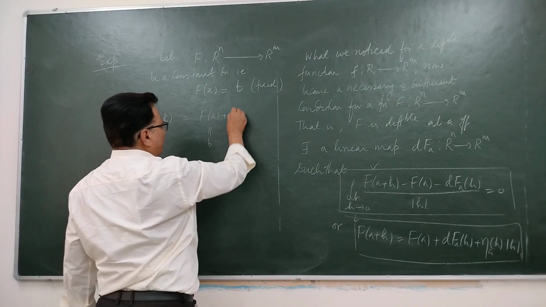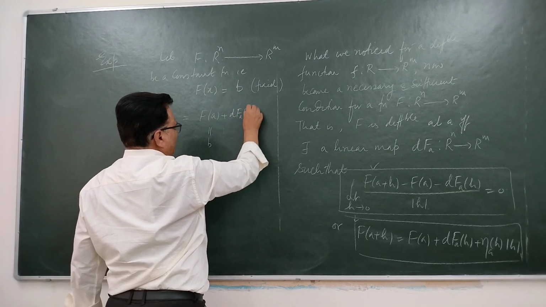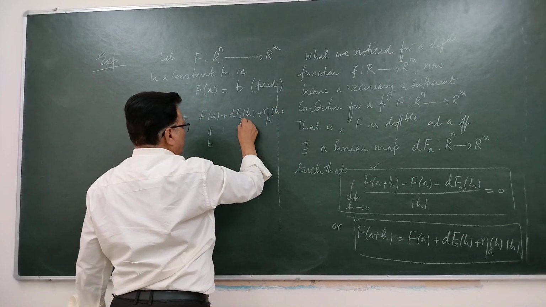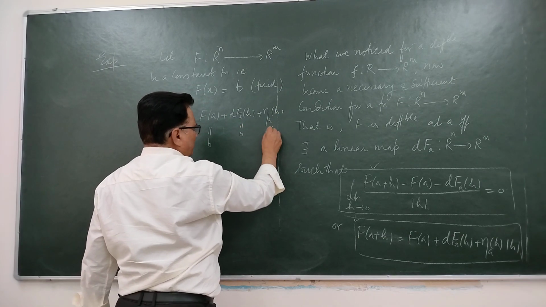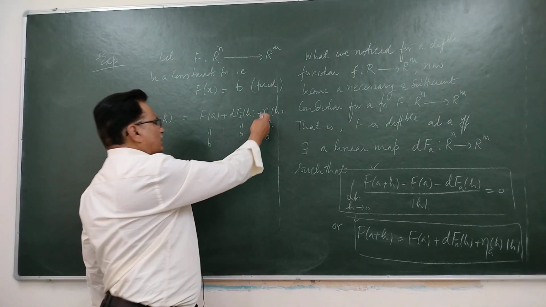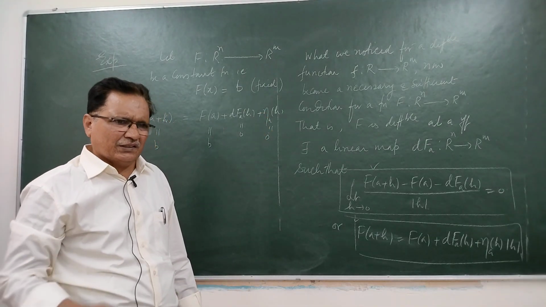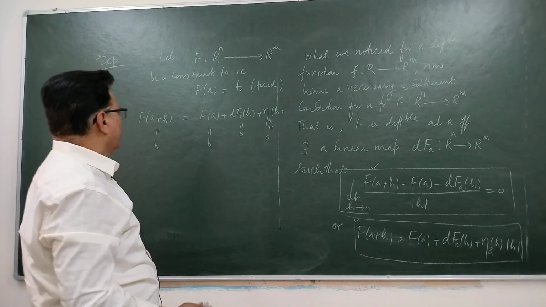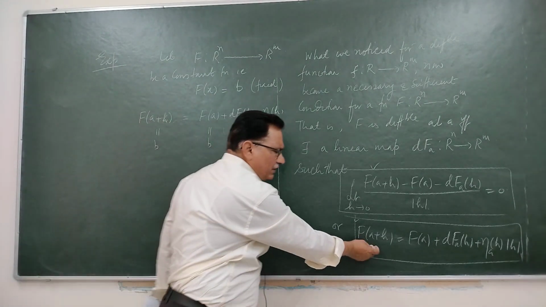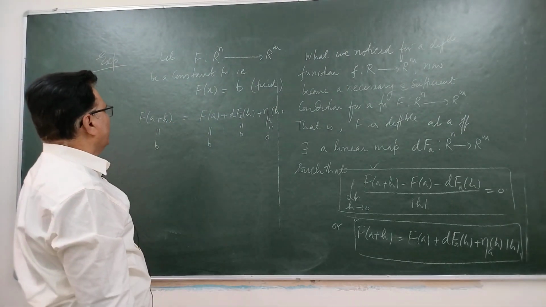So df_a(h) plus eta(h) must be 0. So the 0 map is a linear map, and the 0 function is a continuous function. So the Taylor series for this function is satisfied, and therefore I will say that f is differentiable.